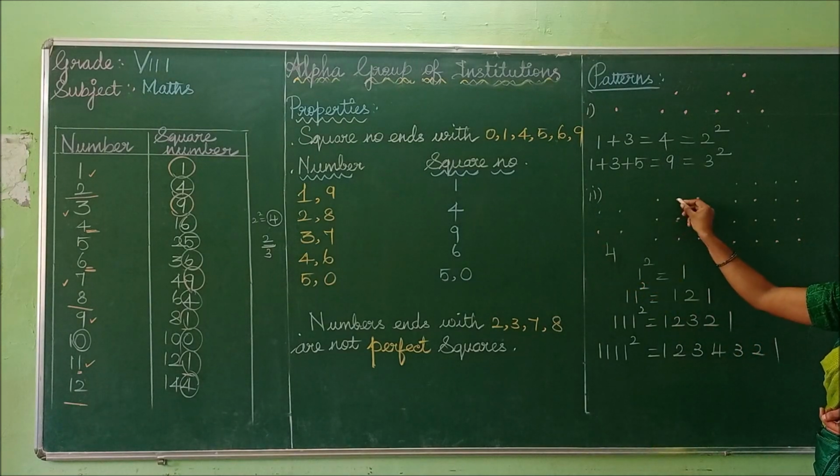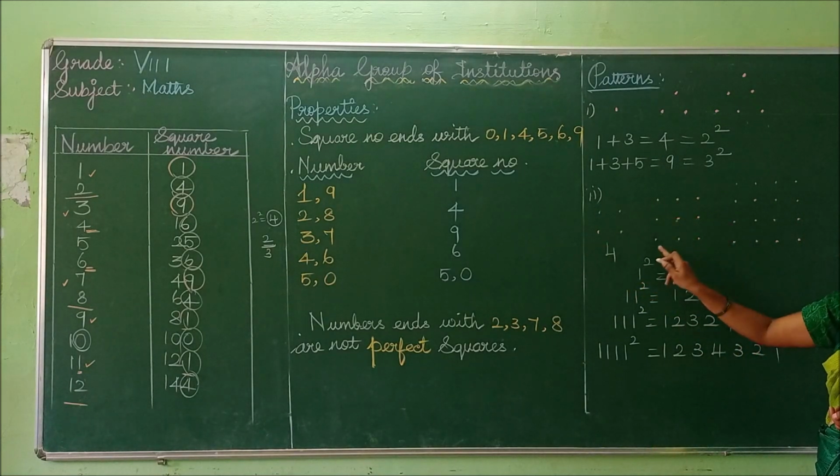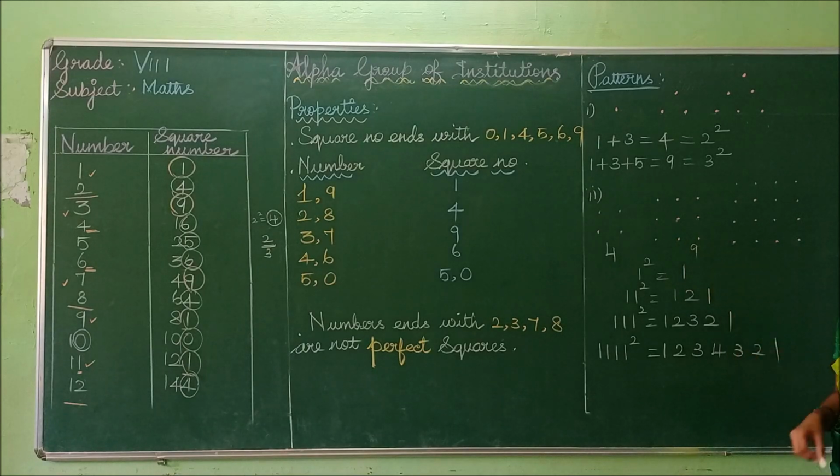And this is 1, 2, 3, 4, 5, 6, 7, 8, 9. So 9 is 3 squared. Then 1, 2, 3, up to 16. So 16 is the square of 4, 4 squared is 16.